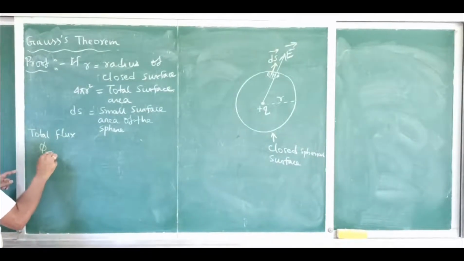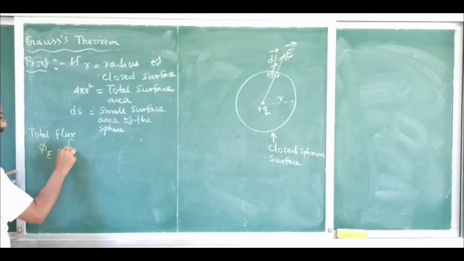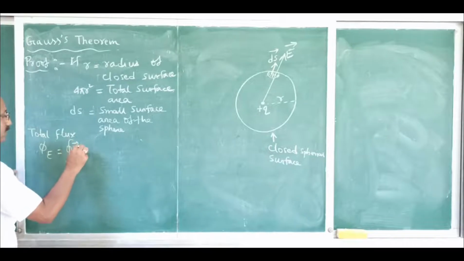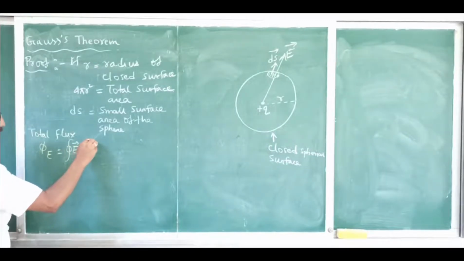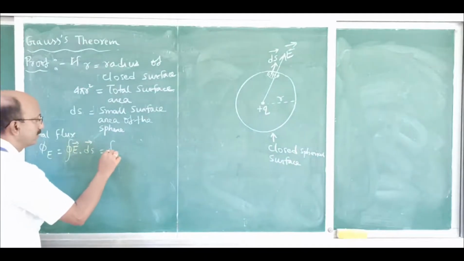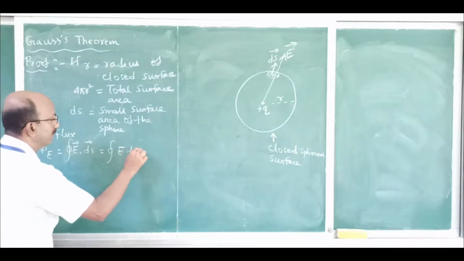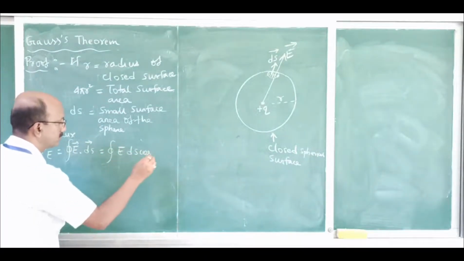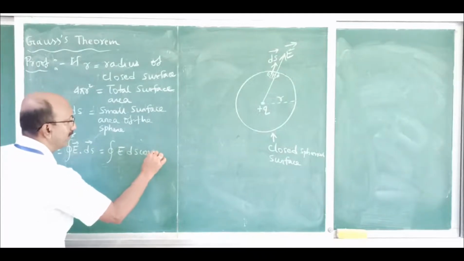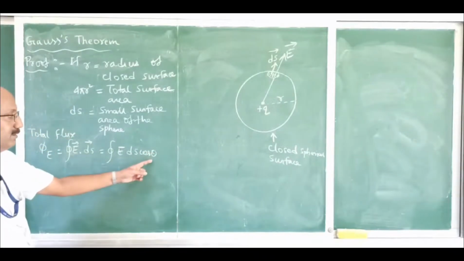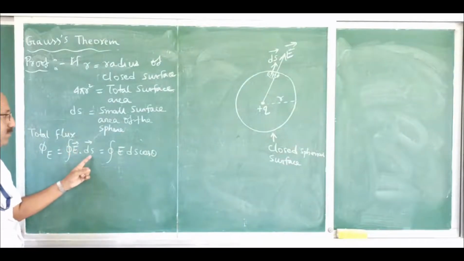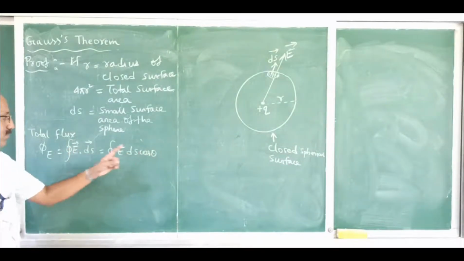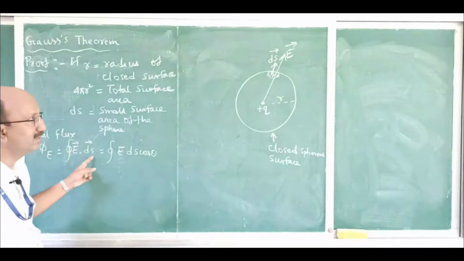We know that total flux is always the integration of vector E dot vector ds, and if we break it, we get E ds cos theta, and theta is the angle between vector E and vector ds. Remember, theta is always the angle between vector E and vector ds. ds is the area vector.